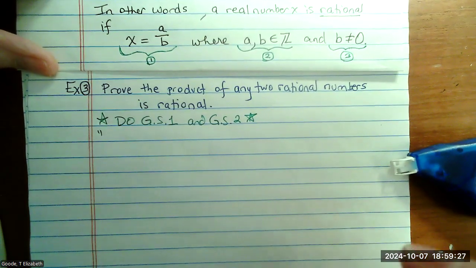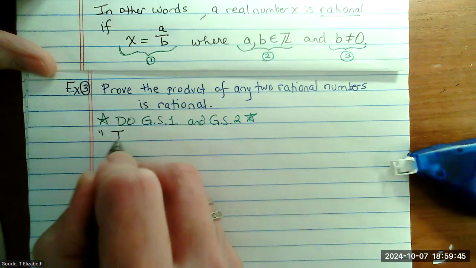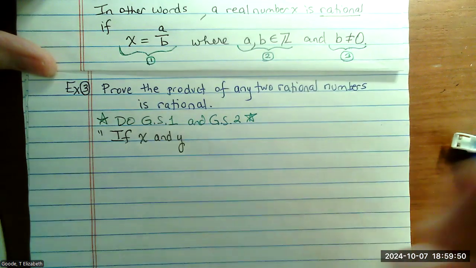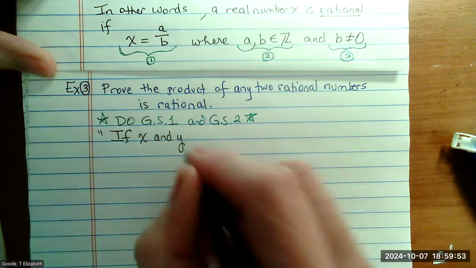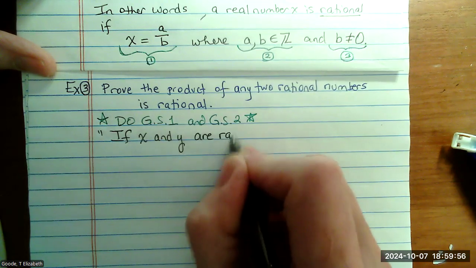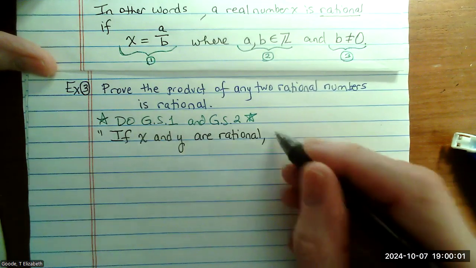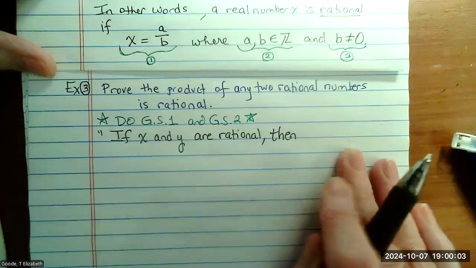You can pick any letters you want, but at this stage of the game, we're not going to dive into the A over B. We just want to name these two rational numbers. Then we'll dive into the definition of rational when we're deeper into the proof. Right now, we just want a simple hypothesis. So how about this? If X and Y, we can call them X and Y, you could call them something else, but I'm going to use X and Y, are rational. And you can say are rational numbers if that makes you feel more comfortable. Then, well, what's our then part?